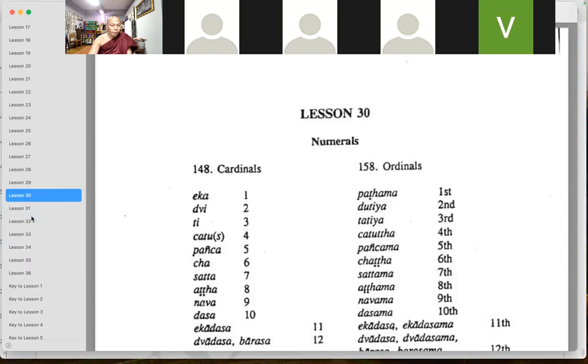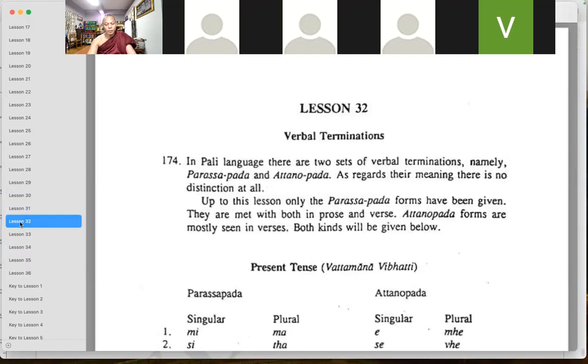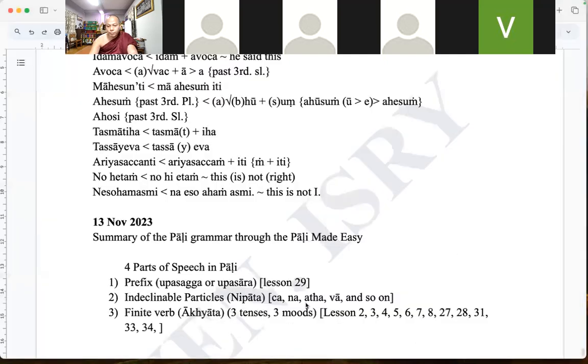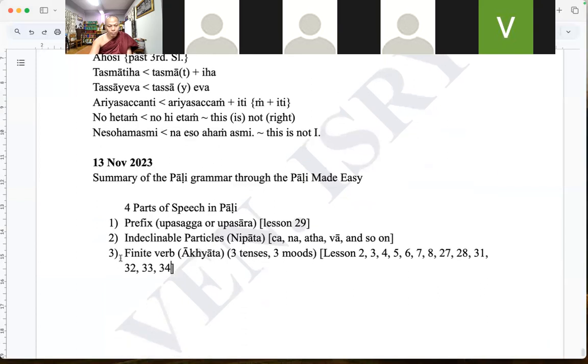No, these are numerals. 32, yeah, 32. So the lessons are lesson 2, 3, 4, 5, 6, 7, 8. And then 27, 28, 31, 32, 33, 34. So these lessons are talking about the final verb actually.